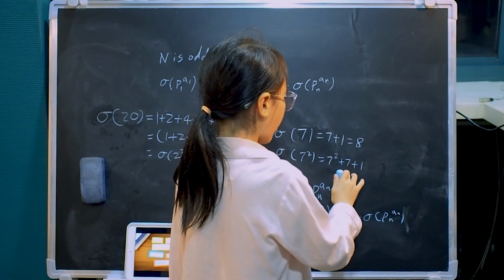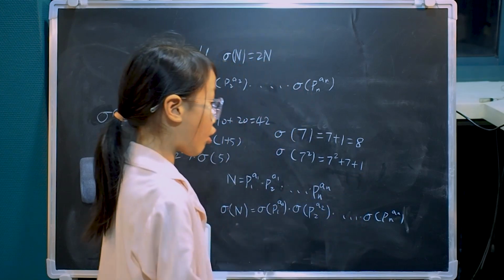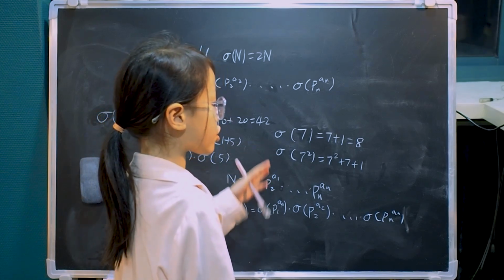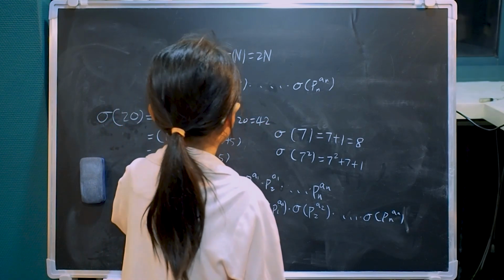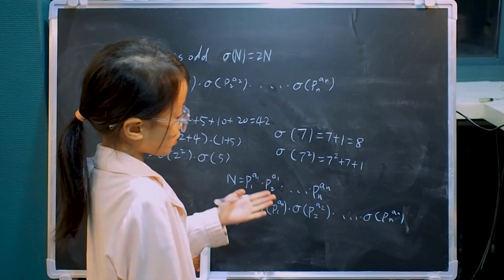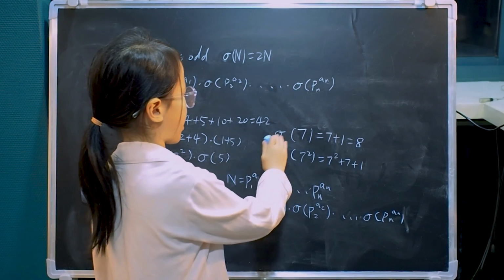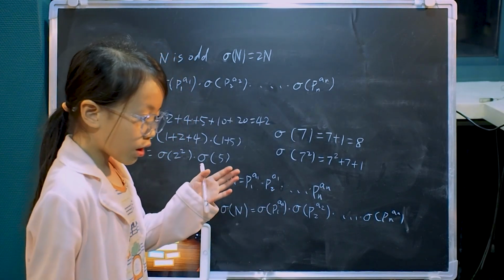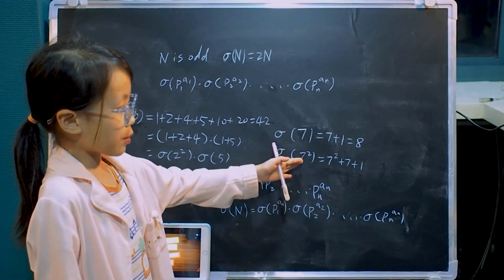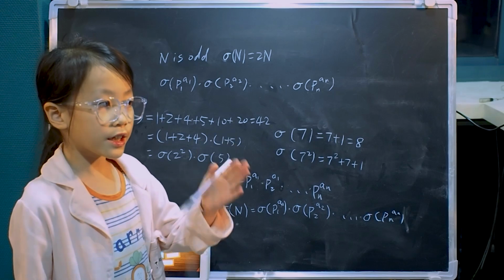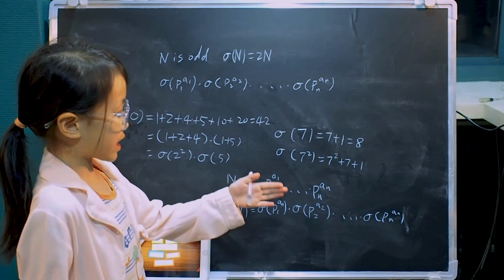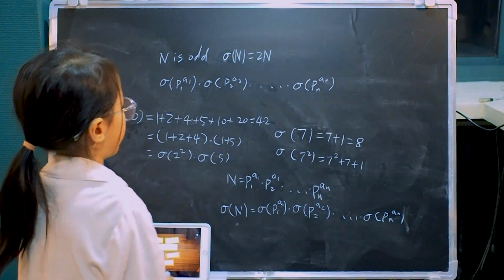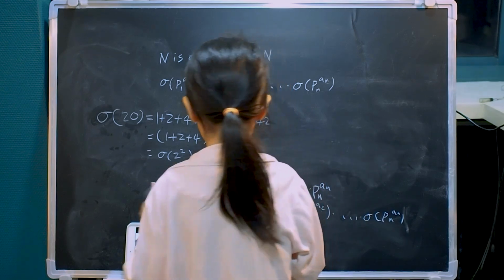That is odd plus odd plus odd, so that is odd. So if a prime is raised to an odd value, sigma gives an even number. When a prime is raised to an even number and you sigma it, you get an odd number.